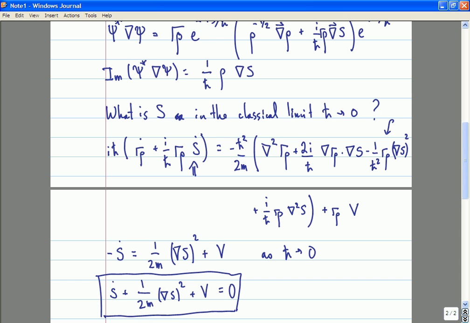So the extent to which classical mechanics is valid is the extent to which h bar is small relative to what other scales you have in your problem that have the same dimensions as h bar. That's just dimensional analysis. And so if I take h bar to be very, very small, then that's saying that I'm considering the system in the limit where classical mechanics should be valid. Okay. Is that clear? Okay, good. So the h bar going to 0 limit is just a fancy way of saying I'm considering the classical limit of a quantum mechanical system.